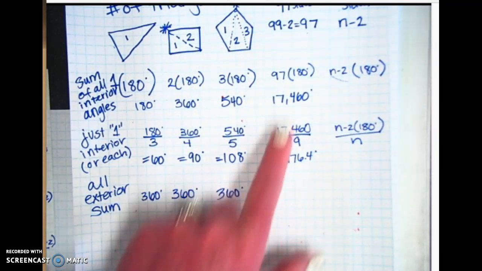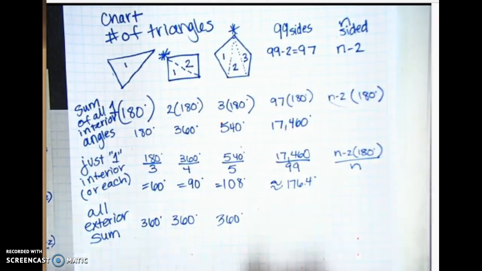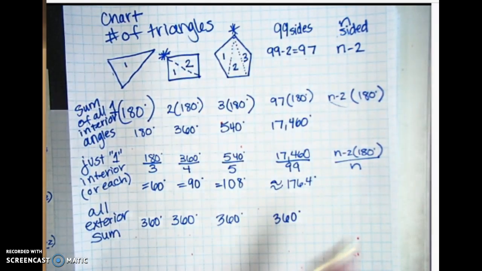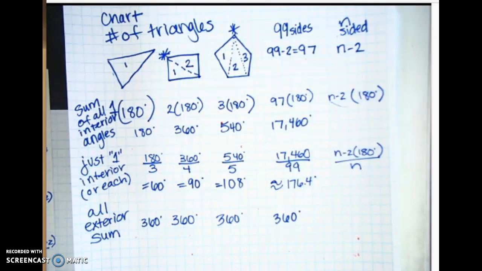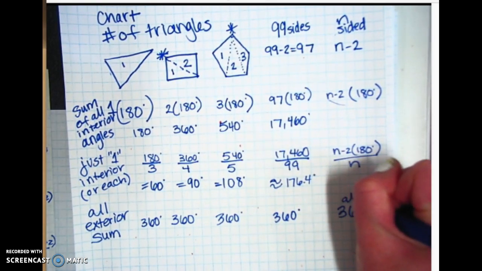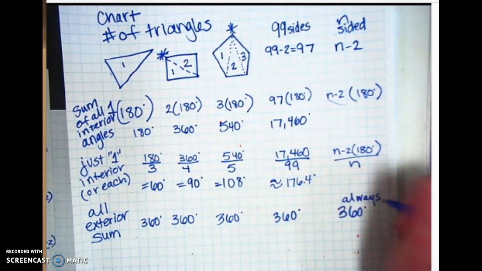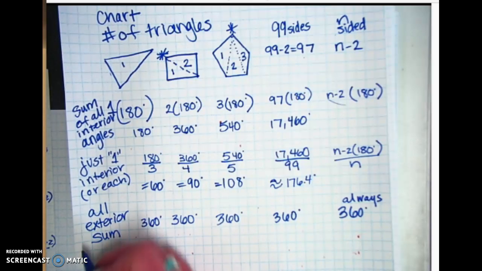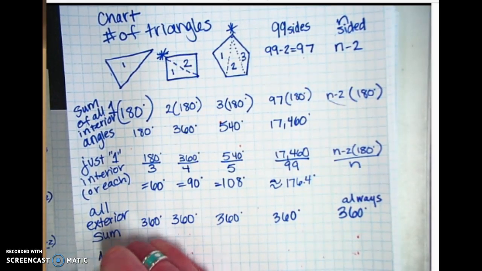The answer for a 99-sided polygon is 360 degrees. The answer for a polygon of any number of sides is always 360 degrees. That's why I said it was the hardest one. Always the answer.